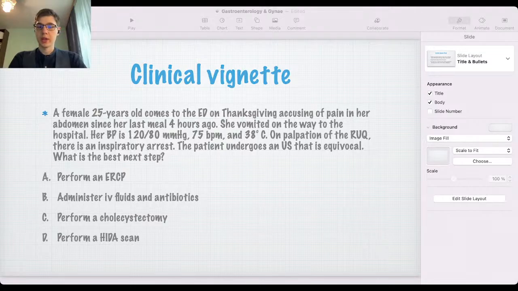We have two eyes. So do we have ERCP to see if the stone has passed into CPD? Okay.